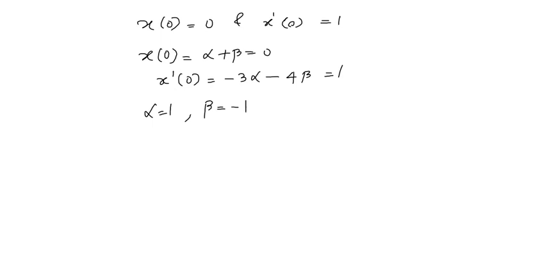Now the specific solution is therefore given by substituting alpha and beta: x of t is e to the power of minus 3t minus e to the power of minus 4t, for minus infinity less than t less than infinity.